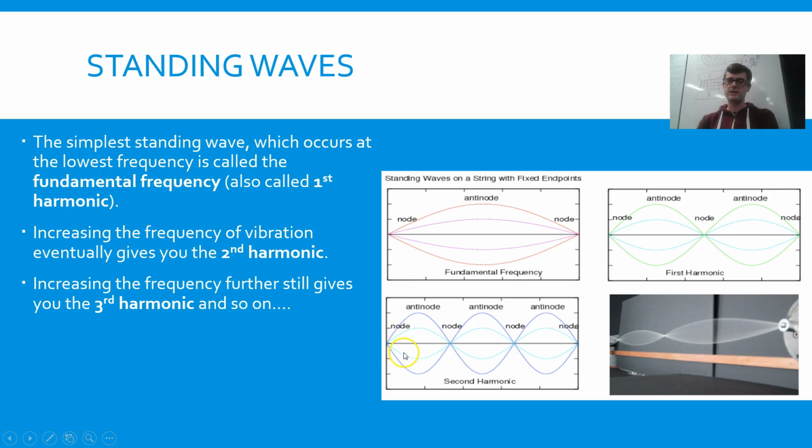If you increase the vibration further still, you'll get to a case where you've got three antinodes that are moving up and down, and that's called the second harmonic. And then, of course, if you go further still, you'll have four antinodes, 5, 6, 7, 8, 9, 10. You could keep going forever in theory. But the point is, as you increase the frequency of vibration, you get more and more of these nodes and antinodes.